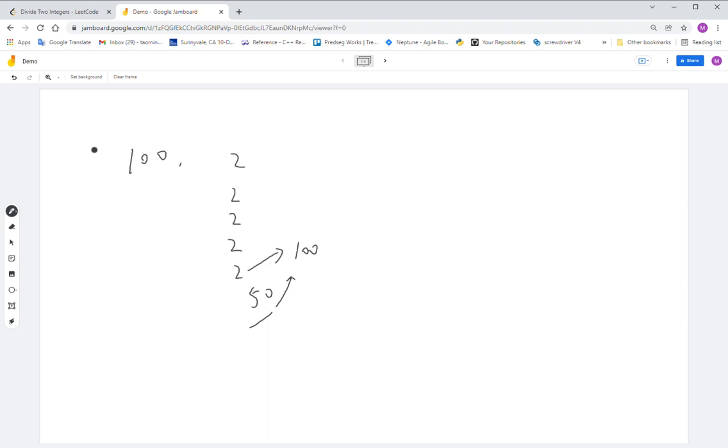However, if they give you 2 billion and let you divide by 1, this is too much calculating. So how to do that one?